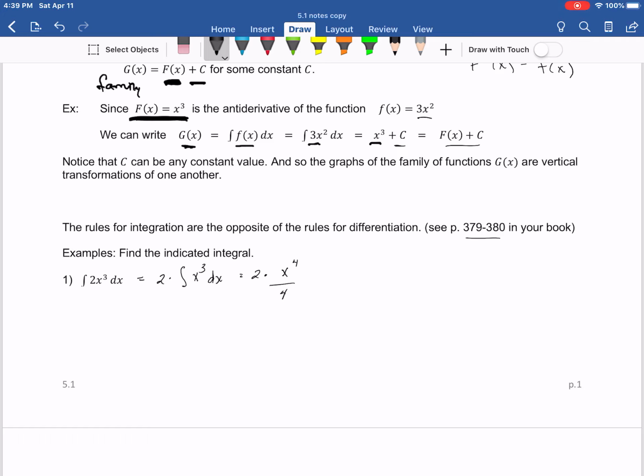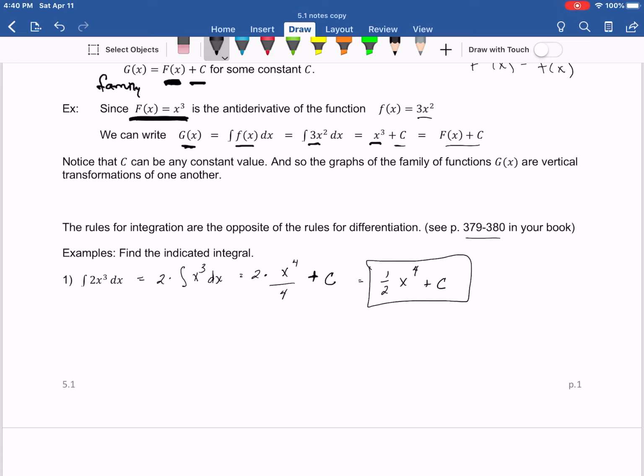We increase the power by 1 and divide by the number that is that power. We want to include our constant with our answer, and we want to simplify. So I'm going to write this as 1/2 x to the 4th plus c. And that is the antiderivative of 2x cubed.